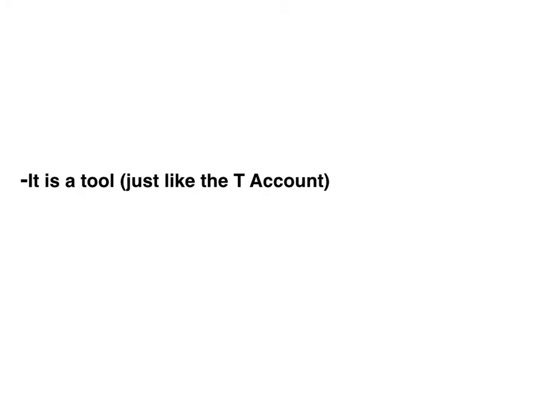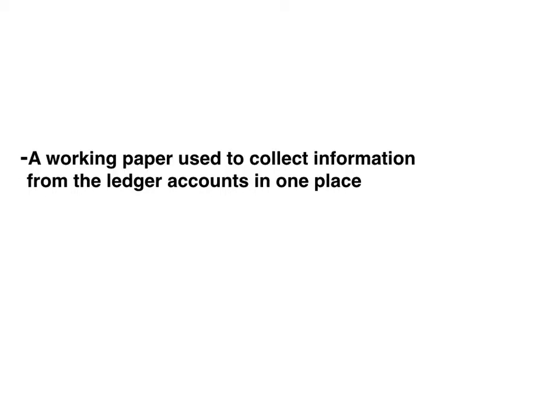So, what is a worksheet? Well, just like the T account that we used in analyzing transactions, it's a tool. And what's the purpose of the tool? This tool is a working paper that we use to collect and gather information from the ledger accounts all in one place.